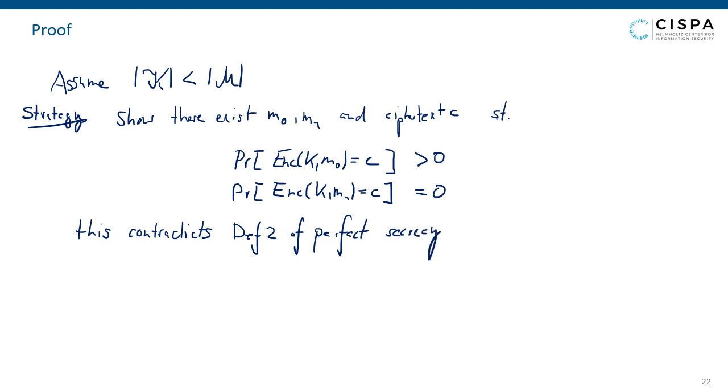Okay, so let's go for this. Let's show that these messages M0, M1, and such a ciphertext C exist. So how do we obtain the messages M0, M1, and the ciphertext C? Well, here's an idea.